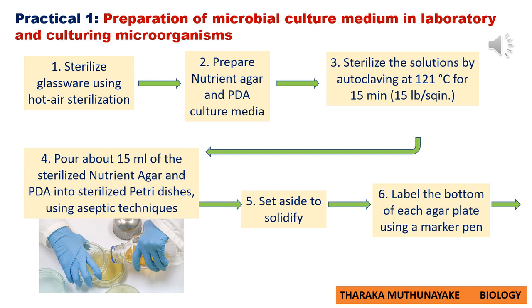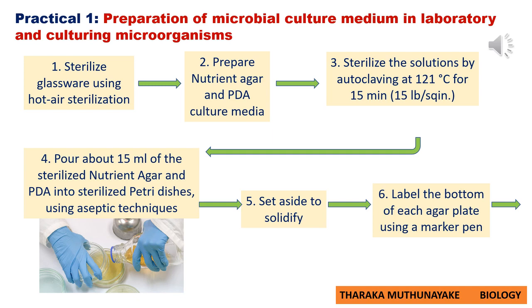Then after preparing those culture media, we have to sterilize those. For sterilization, you can use autoclaving. During autoclaving, you can sterilize those solutions at 121 degrees Celsius for 15 minutes. The pressure should be adjusted to 15 pounds per square inch within the autoclave.